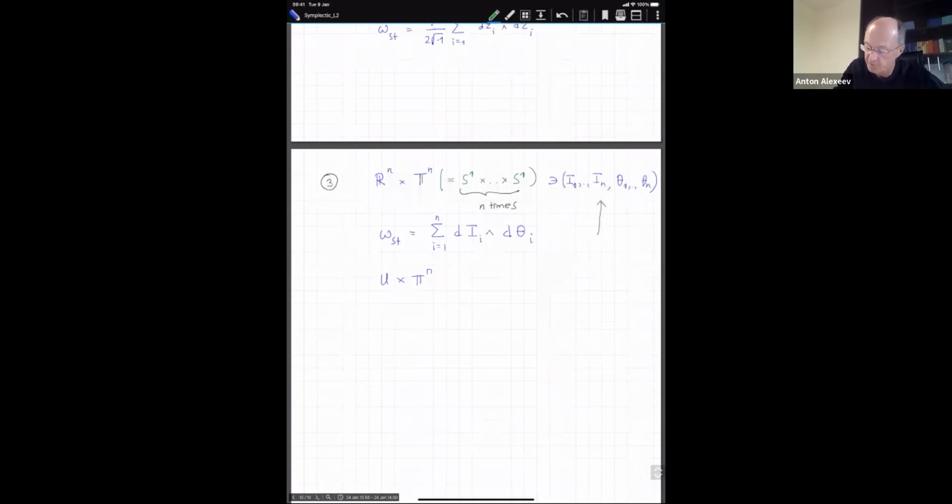And there is a special name for this type of coordinates, which comes from mechanics. People say that these are action angle coordinates. So angles, there is no secret why, actions, whatever, for some historical or mechanical reasons. But when you hear action angle, this means exactly this, that locally your manifold looks like that.